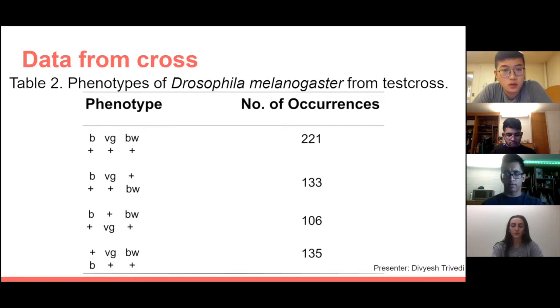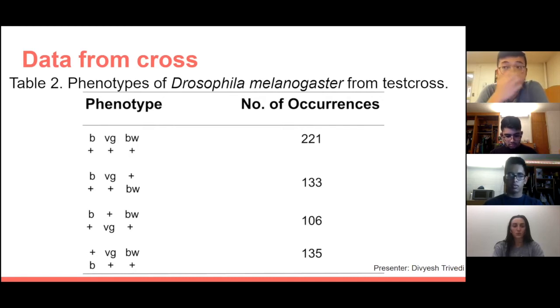And from that, if you look at the group that has the lowest number of occurrences, which is the one that has a brown body, normal wings, and brown eyes.